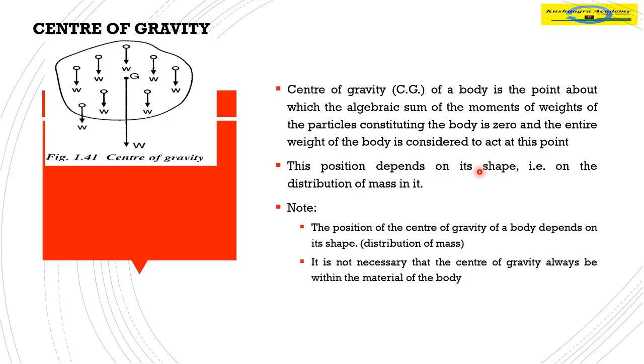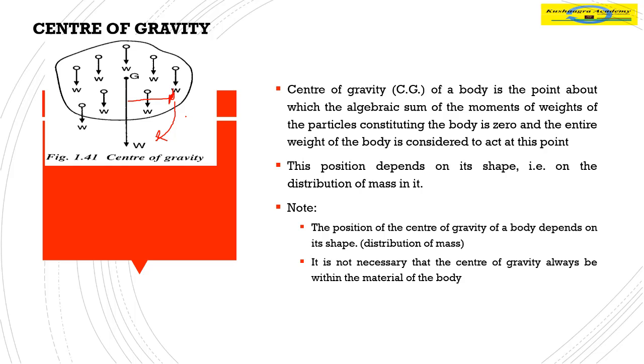This position depends on the shape of the body or the distribution of the mass of the body. We are now able to see that if the weights are different or the distribution of mass is different, the center of gravity will be different. For example, if we add one more particle on this body, then this moment towards clockwise will be extra and this won't add to zero.